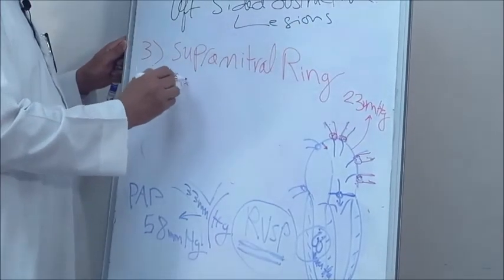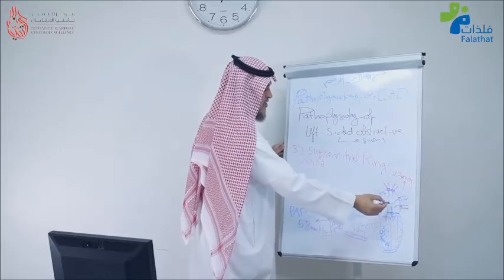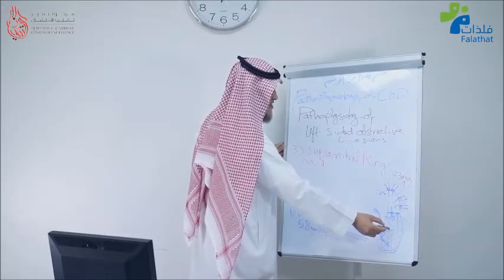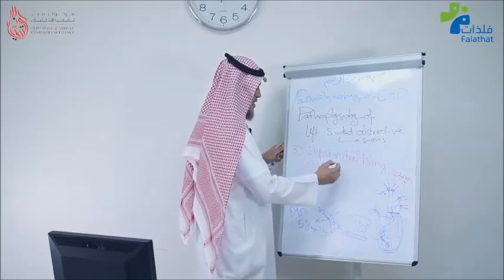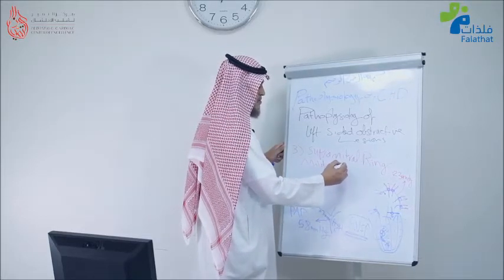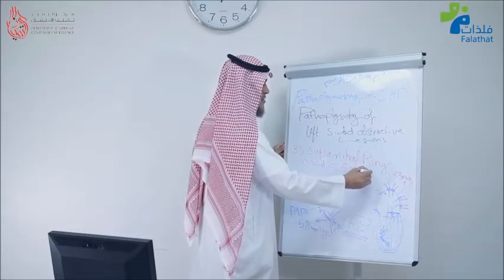Mild, talking about a mean gradient between the left atrium and the receiving chamber, the end diastolic of the left ventricle, less than 5 millimeters mercury.